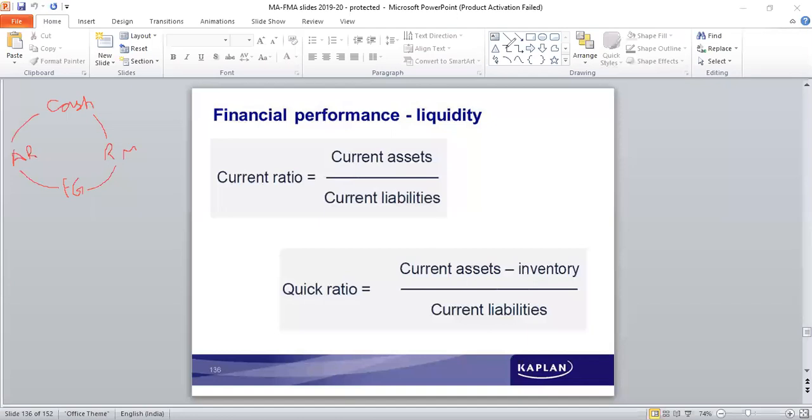If cash is invested in current assets, cash would not be available. But cash is not invested forever in current assets. It is a short period of time. It's an ongoing cycle where the amount which is invested gets converted into cash. This cash can be used to repay liabilities, meet expenses, etc.